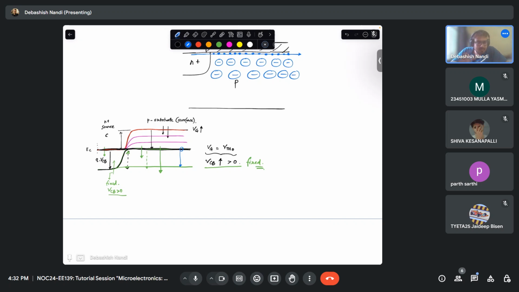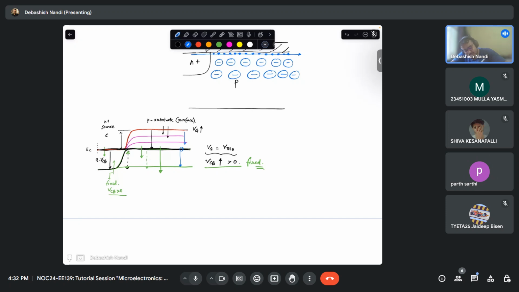In the interface or in the surface? How are you pulling the conduction band lower? In the earlier case, how were you pulling down the conduction band in the interface? By increasing VG, right?